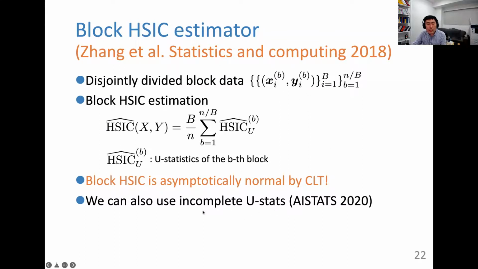The MMD version of incomplete U-stats I will explain later. That's slightly easier, but for the HSIC case it's a bit complicated because the U-statistics kernel is a bit complicated. But definitely we can use the incomplete version of HSIC as well.